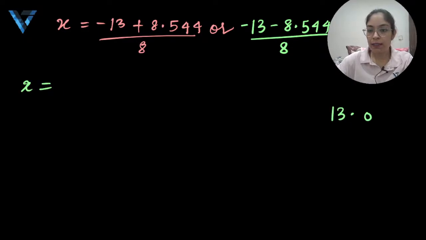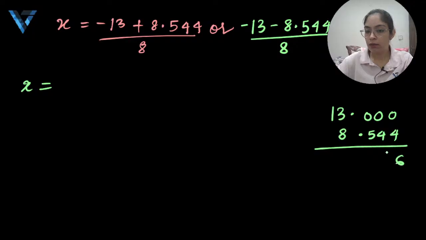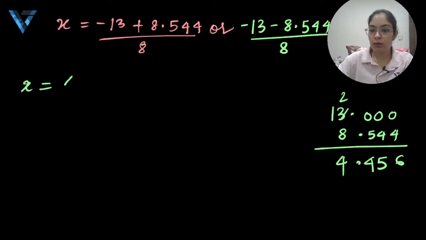Plus minus is minus, so first we'll subtract. 8.544: 10 minus 4 is 6, 9 minus 4 is 5, 4, and 12 minus 8 is 4. So 4.456 by 8.